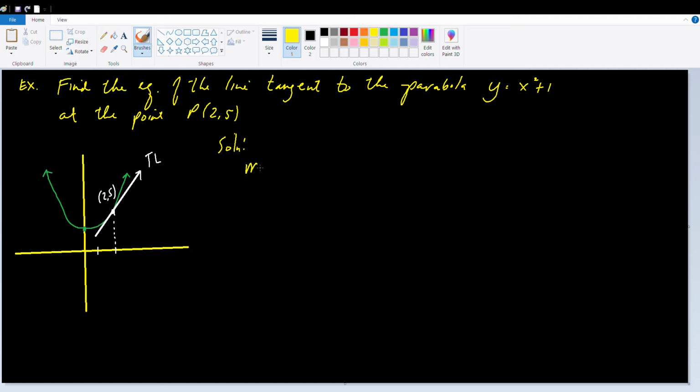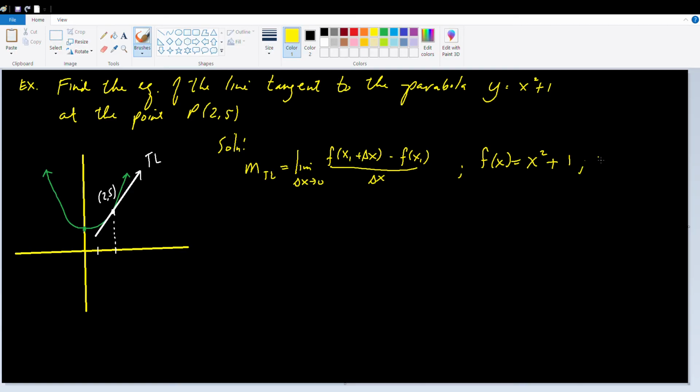So the slope of the tangent line is the limit of f of x1 plus delta x minus f of x1 all over delta x as delta x approaches 0. So our f of x here is nothing but x squared plus 1.